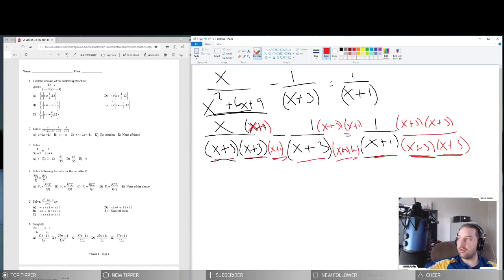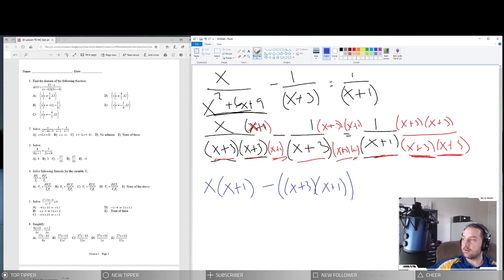So what I'm left with is just the top, which is x times x plus 1 minus x plus 3 times x plus 1 equals x plus 3 times x plus 3. So now I just need to multiply all of this out, which will allow me to solve it.